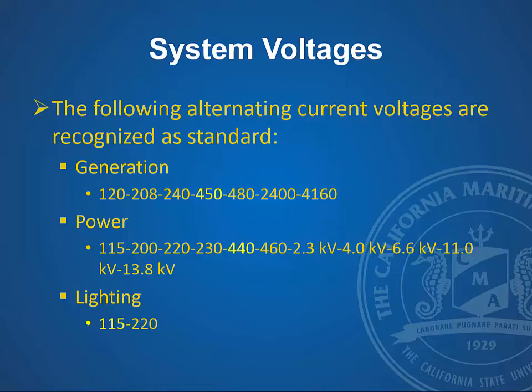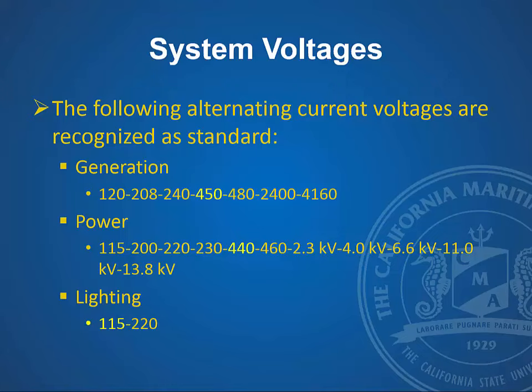This is a listing of the standard system voltages worldwide. Also, generation and power. There is a small voltage drop between the generators and the main switchboards, and that's the difference between these two. So typically for your large equipment, most ships are 440 volt 3-phase power.